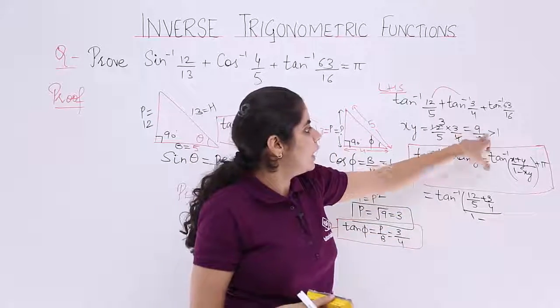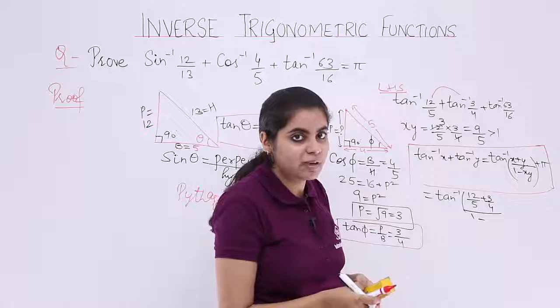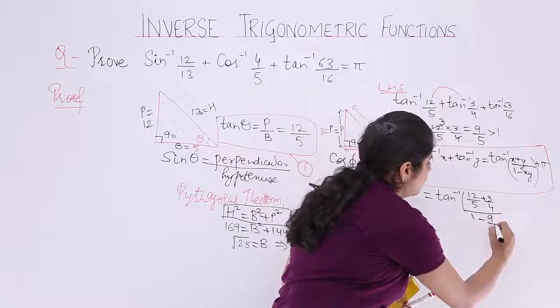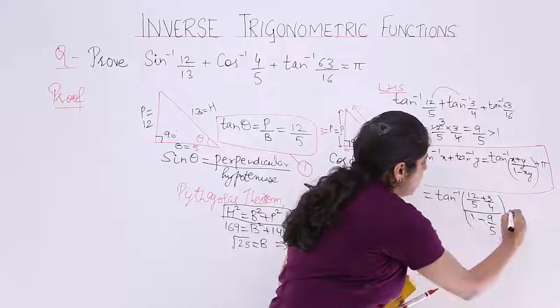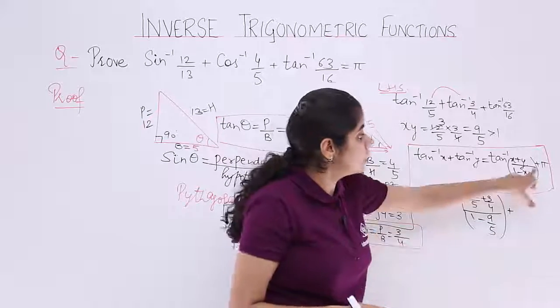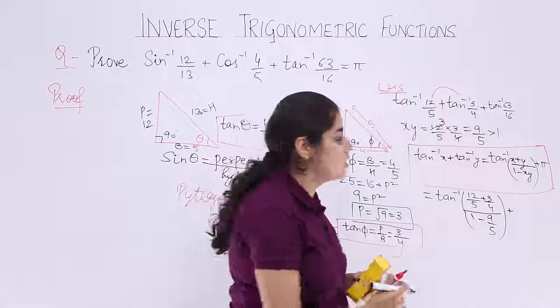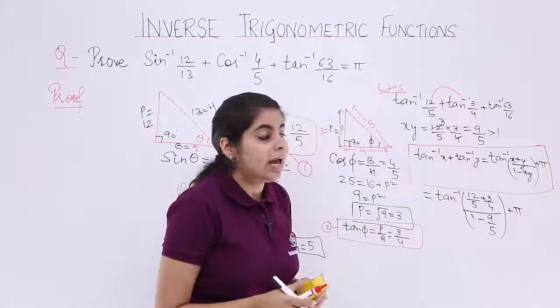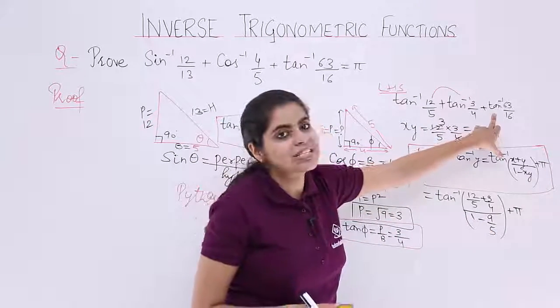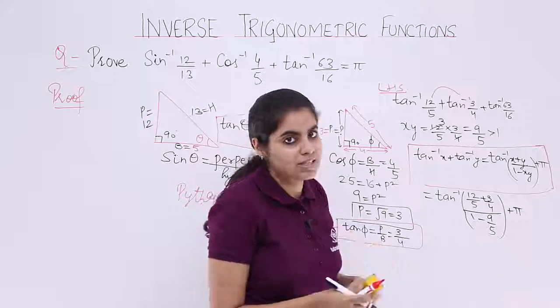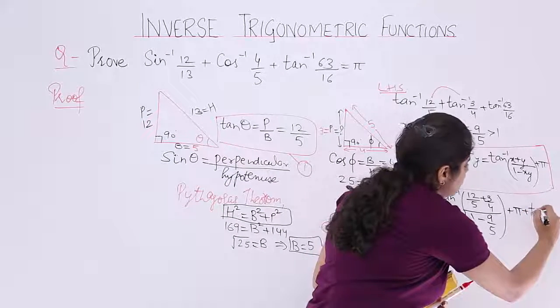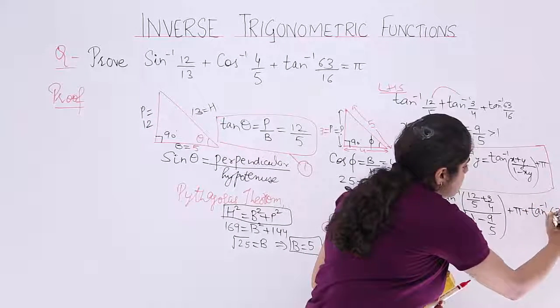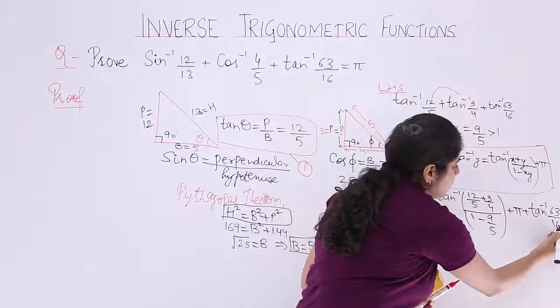What was x into y? It was 9 upon 5. Remember, we found this out. Plus pi from the formula, and then the next term, tan inverse 63 upon 16.